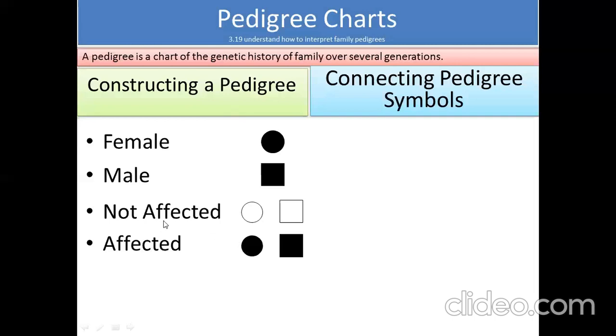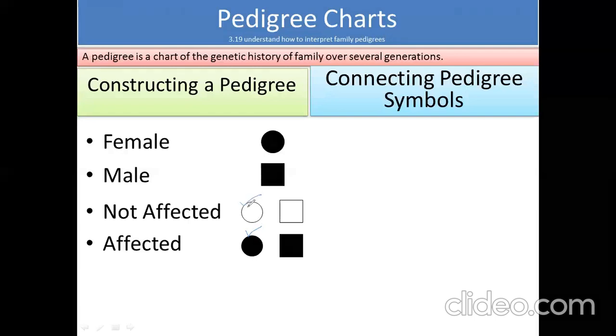And if he is not infected, then it should not be colored. This is for male, and this round is for female. So this female is not affected because it's not colored.